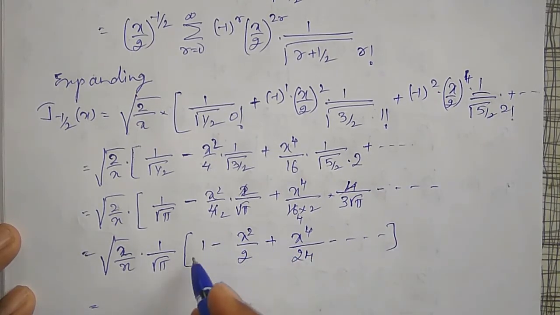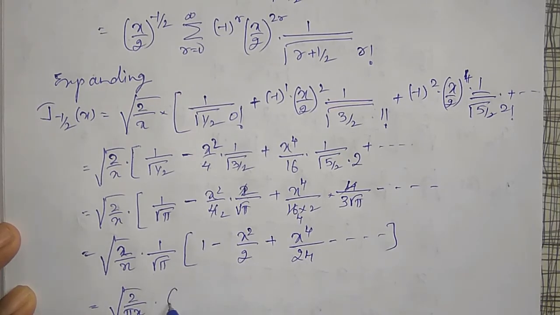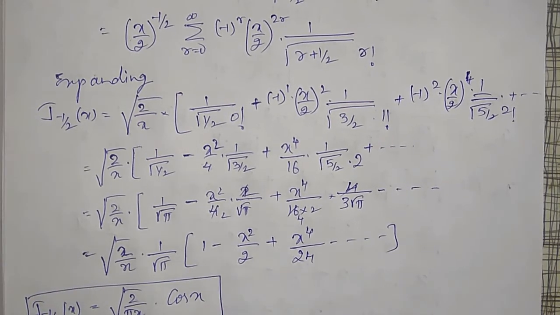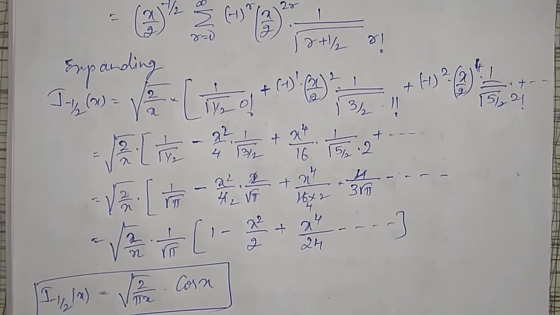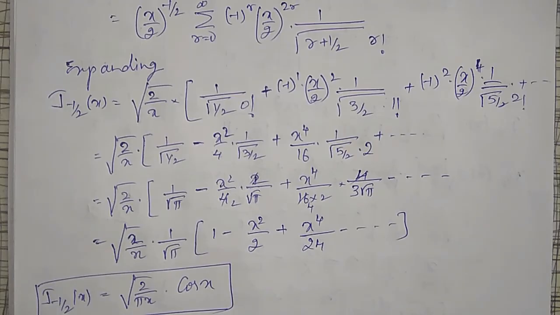Here this is nothing but our cos series, therefore square root of 2 divided by pi x into this is nothing but cos x. No adjustment is required here, therefore J minus half of x is equal to square root of 2 by pi x into cos x. This is how to prove J plus half of x and J minus half of x.